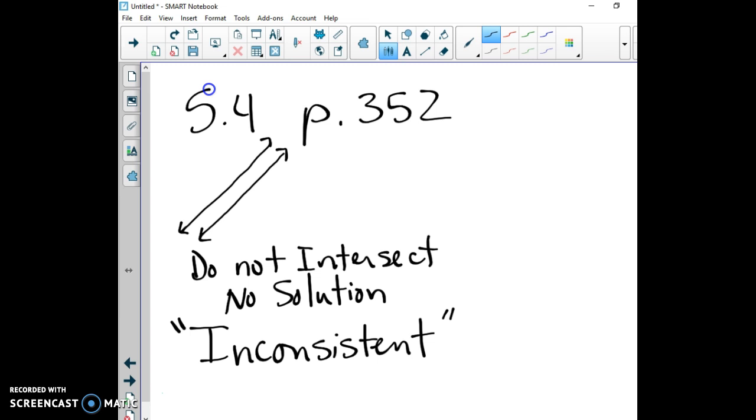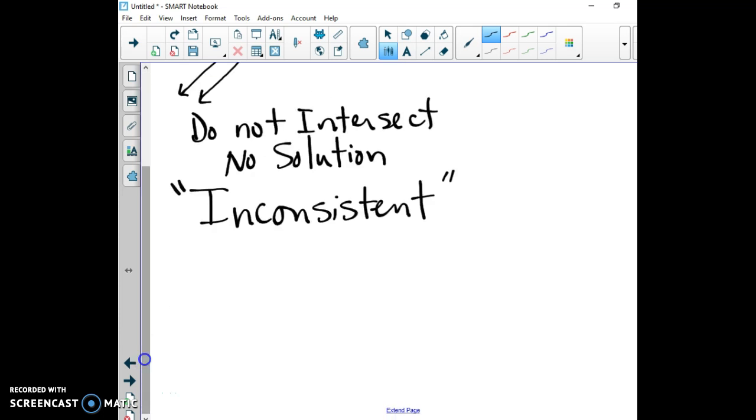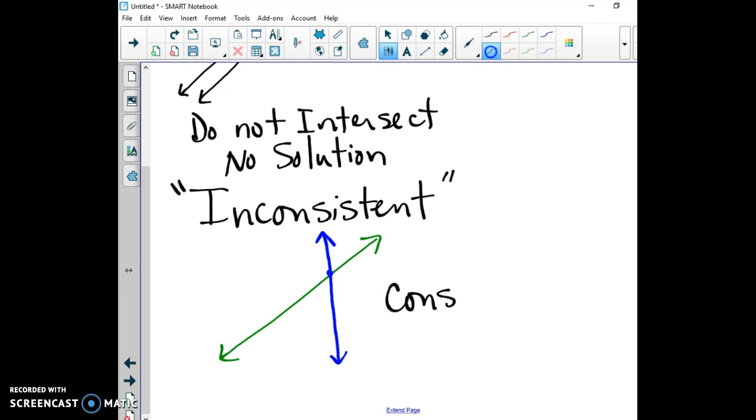So, a parallel set of lines is inconsistent with no solution. The other one that we've talked about, and doesn't seem so special, but it is to me, what if two lines cross in exactly one point? Well, that's what we've been studying, right? In this case, we call the system consistent.